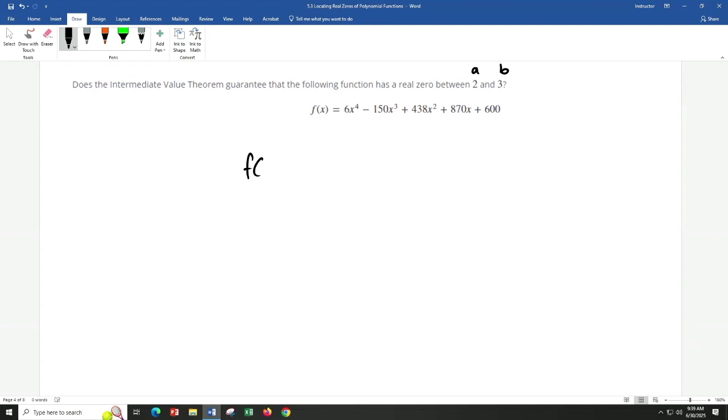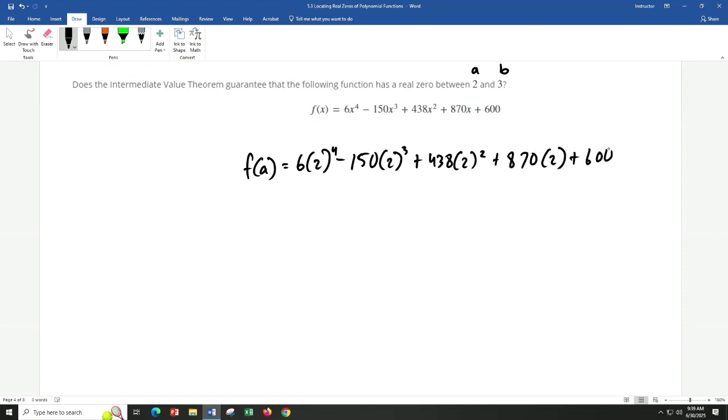So f of a would literally be 6 times 2 to the 4th minus 150 times 2 to the 3rd plus 438 times 2 to the power 2 plus 870 times 2 plus 600. You can do all that in your calculator.